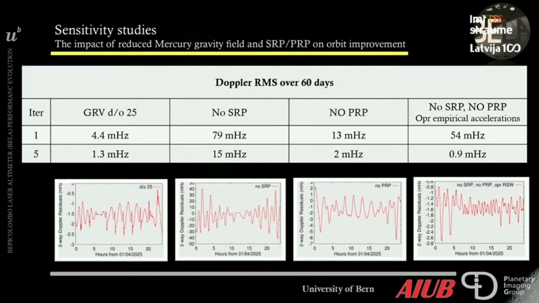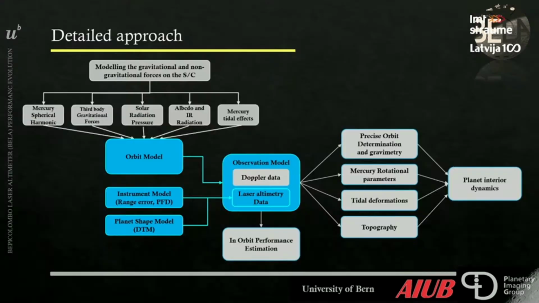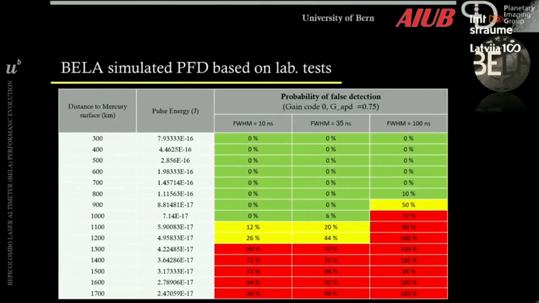We reconstructed the orbit in these situations, and these are the Doppler residuals between the synthetic reality and the model orbit after reconstruction. So this is the RMS of the orbit. What happened?